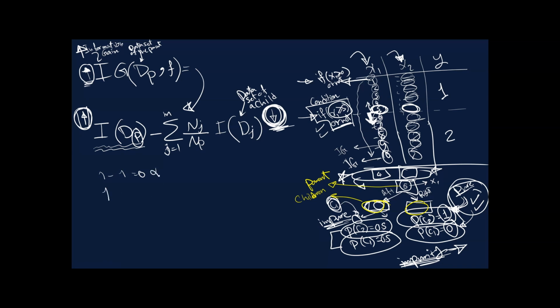On the other hand, if we have 1 minus an impurity of almost 0, very low impurity, this would give us 1. So a high information gain. Okay, good. So let's go to the other part. In our data, we are doing binary splits, so we only have two children for every parent.